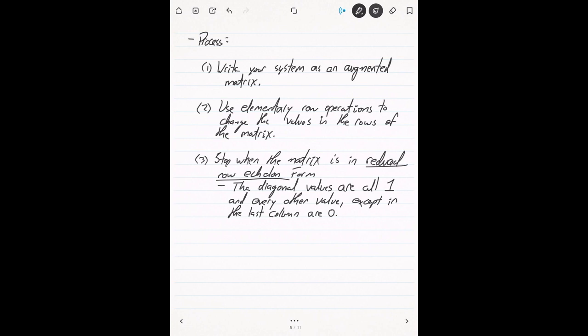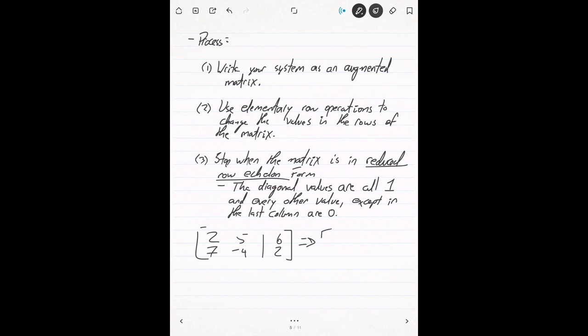Let's say we had the example 2, 7, 5, -4, and 6, 2. This was something we worked on at the beginning. Let's just pretend this was a system. So I have this system here, and what I want to do is use my rules to manipulate this to get it to reduced row echelon form.